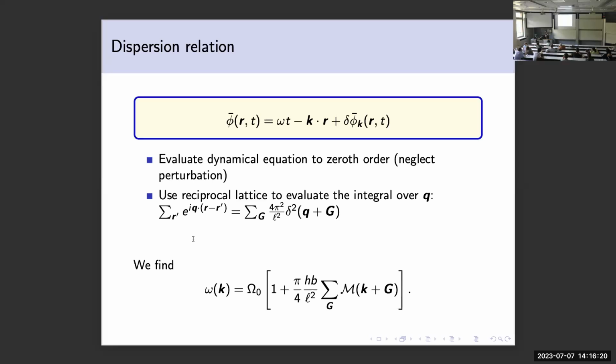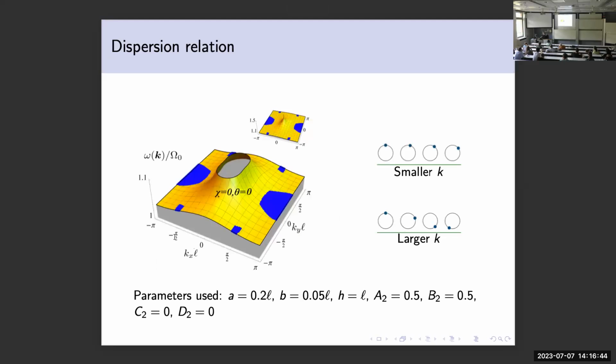I'm just doing the sum over reciprocal lattice space instead of real lattice space. If you don't know what that means, don't worry. The sum over G means I am counting all the different pairs of interactions. It's just a different way of calculating that. So anyway, we get this dispersion relation here, and if we look at the shape of it, this is what we get.